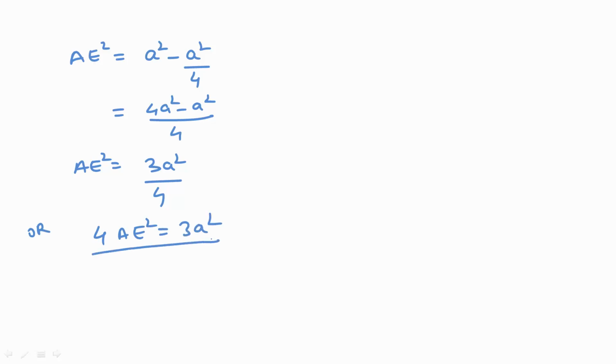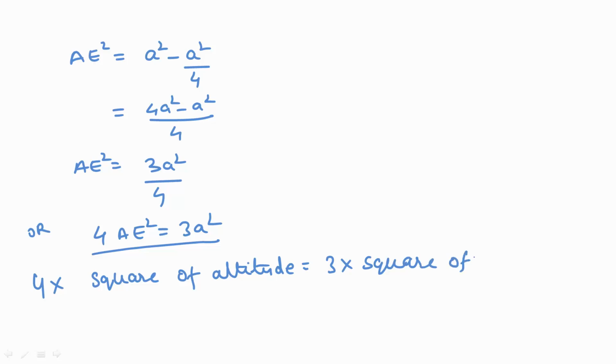AE is the altitude and A is the side, so this can be written as 4 into square of altitude is equal to 3 into square of one side.